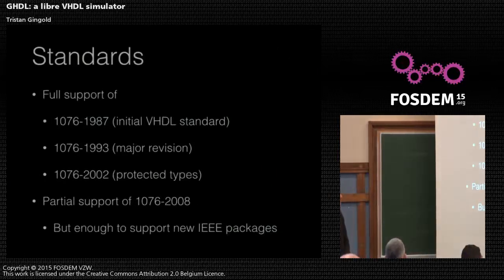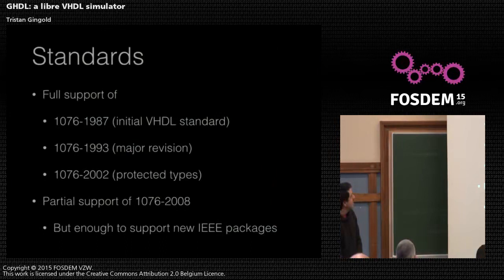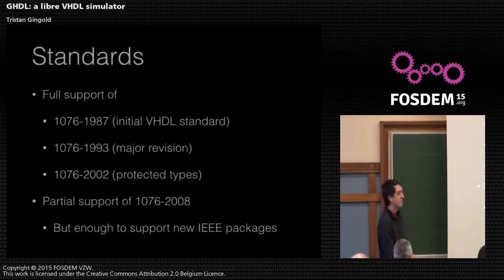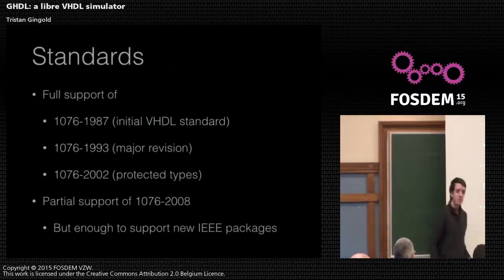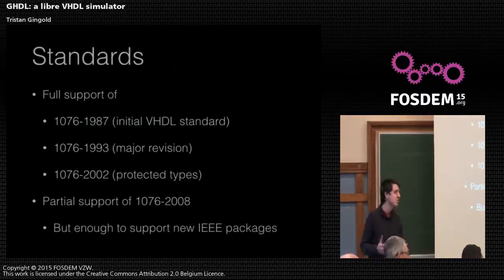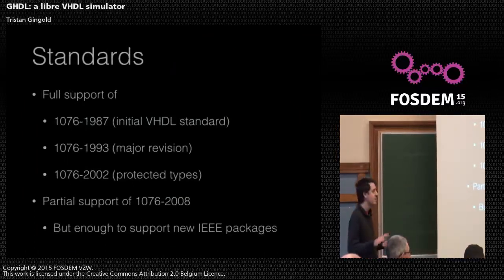In terms of VHDL standard, GHDL fully supports the 87 standard, which was the first standard of VHDL. We fully support the 93 standard, which was the first revision, and I think it's the most commonly used revision.